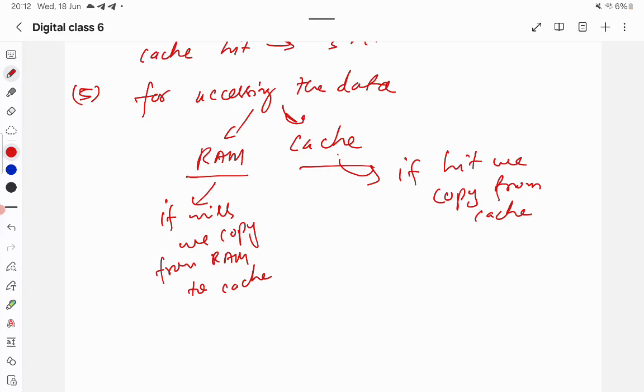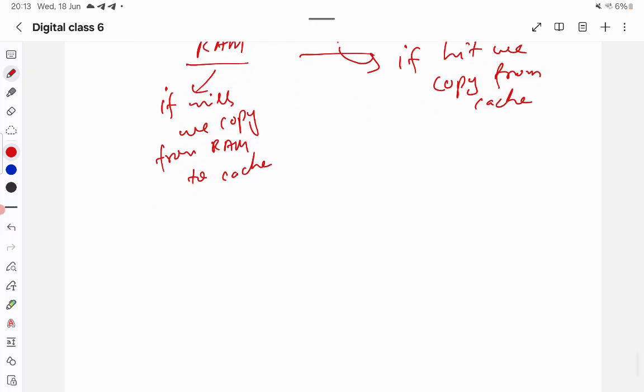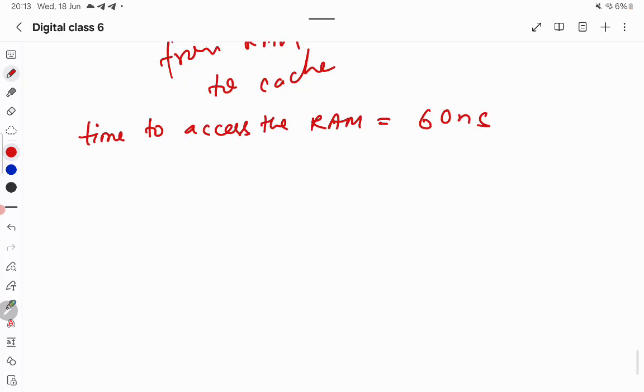Come here. It is written that the time to access the RAM is 60 nanoseconds. So one time access to RAM is 60 nanoseconds.